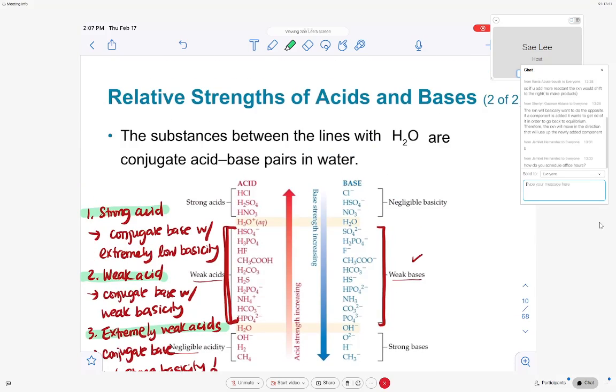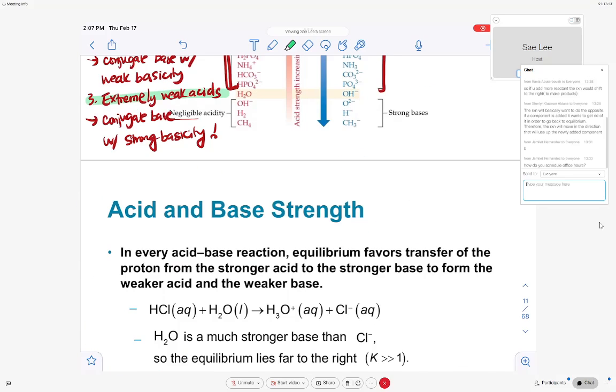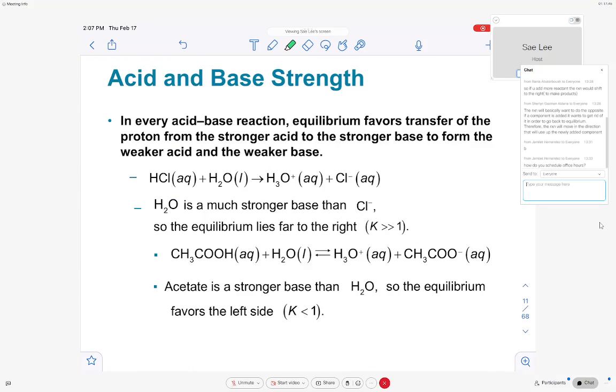Okay, so why is this important? Why are the relative strengths of acids and bases important? It's important because when we don't know whether an acid-base reaction would lie to the left or right, we can compare the acid and base strength.